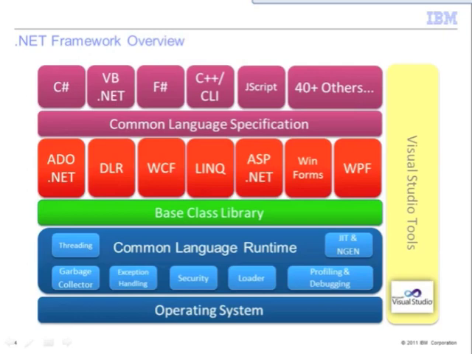Okay, so here is a brief overview of the .NET framework environment. At the bottom, we have the operating system, so one of the Windows platforms, because the .NET support is for the Windows platform only.